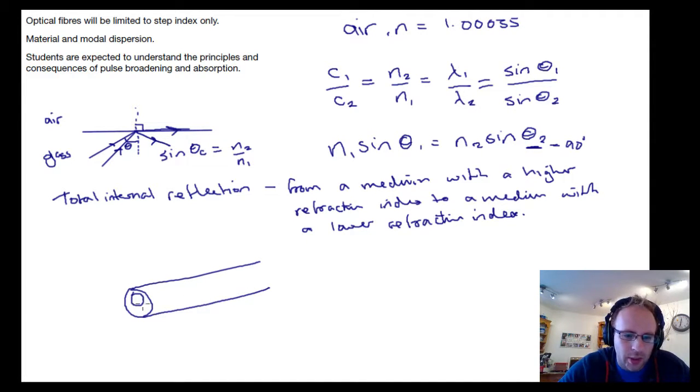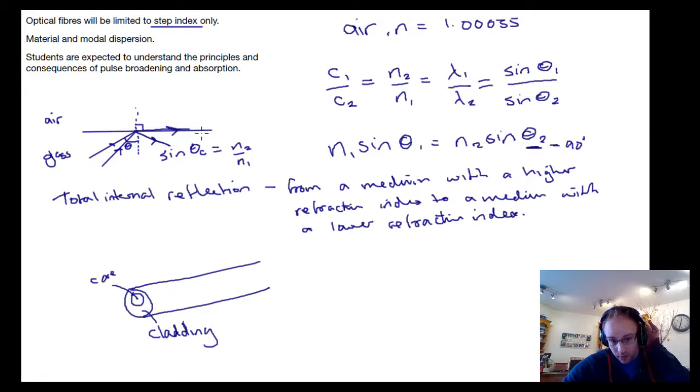Glass is quite good because it's very optically clear, where you have a material in here called the core, and a material outside called the cladding. This is one type of optical fiber, an optical fiber with a step index profile, and that's the only one we need to learn about, which is good.